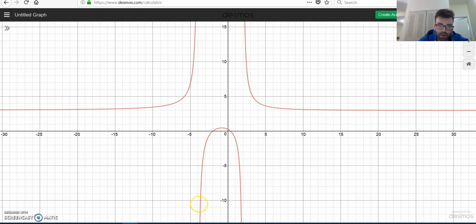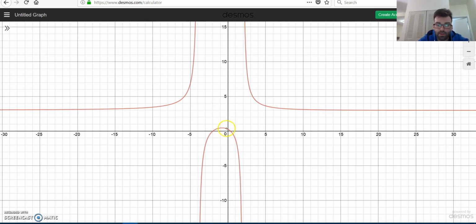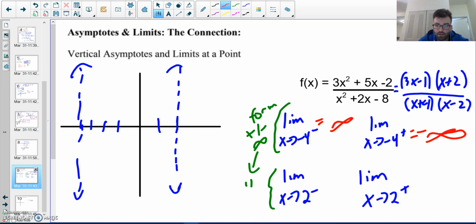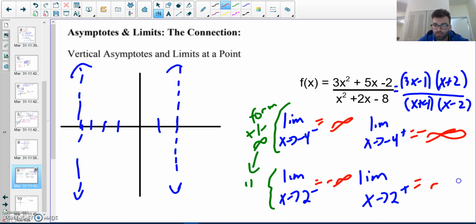Oh, it's going down, down, down, so it's going to negative infinity. As I approach 2 from the left, my function goes down, so it's negative infinity here, and 2 from the right, my function goes to positive infinity.